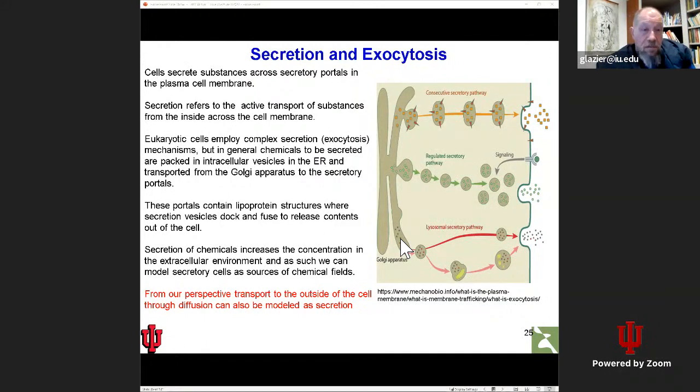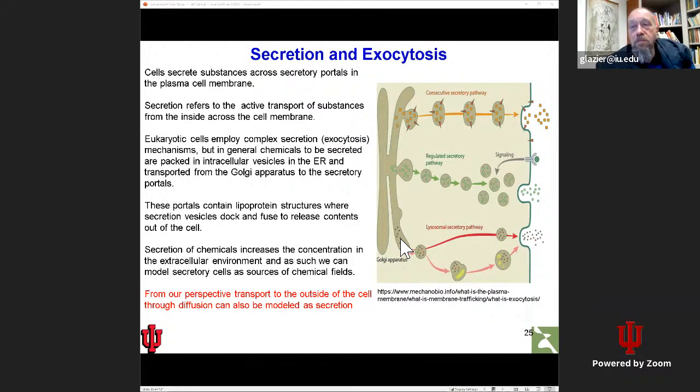Those vesicles can then fuse with the cell membrane and release chemicals to the outside world. A classic example of that would be in synapses, where the transmission of signals from cell to cell, from axon to dendrite, is done chemically by secretion of vesicles, which release a molecule that then binds to receptors on the opposite cell.